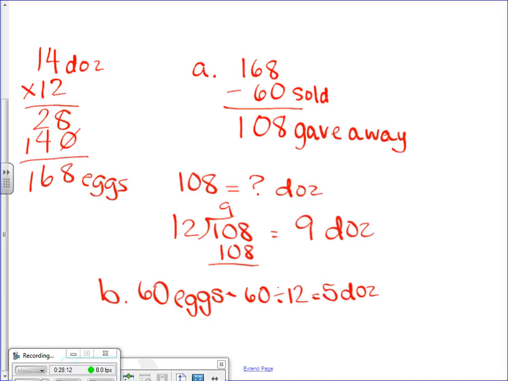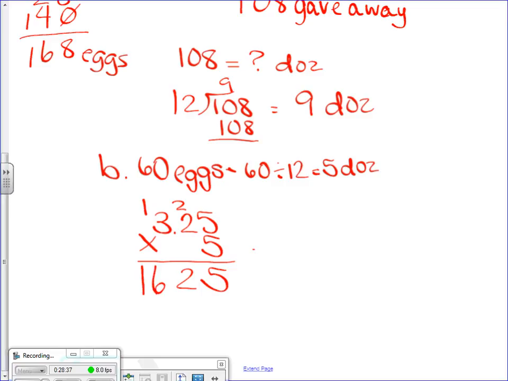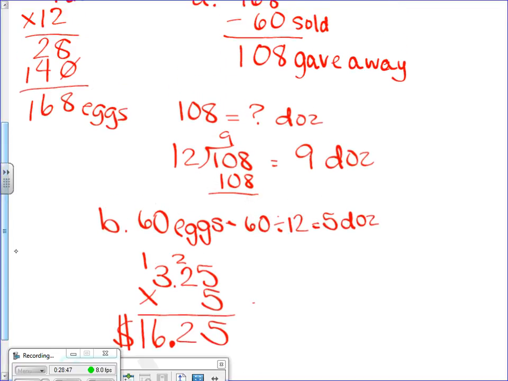And if it's $3.25 for 1 dozen, how much is it for 5 dozen? Multiply $3.25 times 5. Two decimals. He made $16.25.